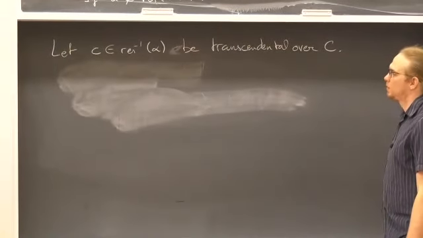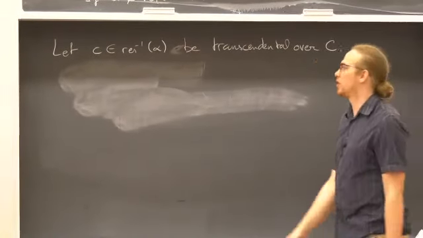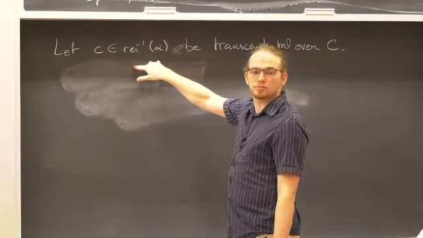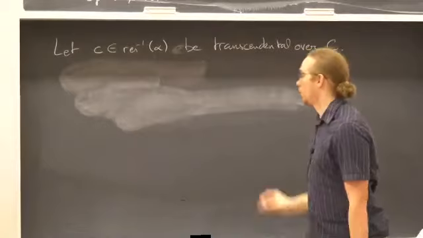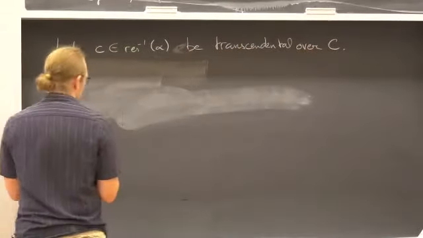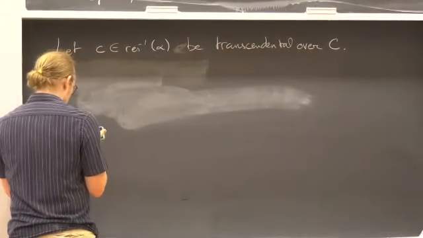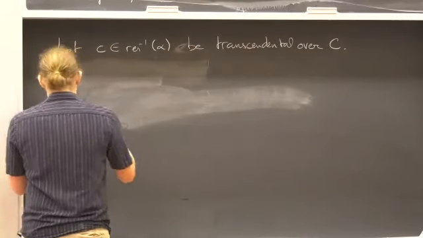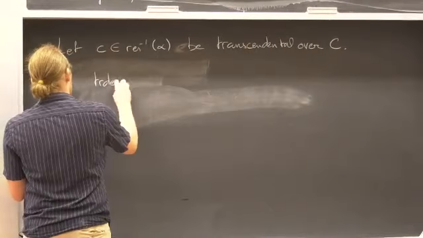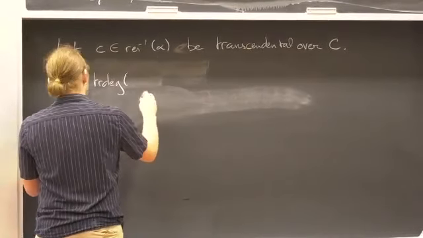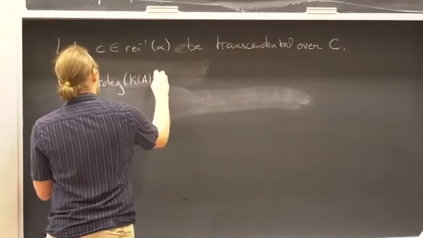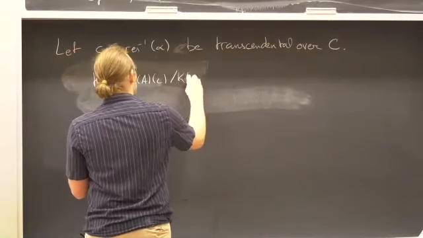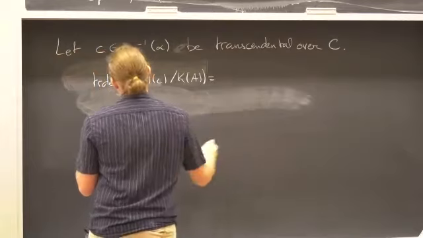Okay, that's not hard because this is infinite. So by compactness, we can always do that. Now we can do the computation I wanted to do. So the transcendence degree of Ka C over Ka, this is 1.